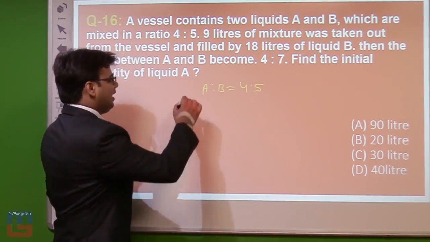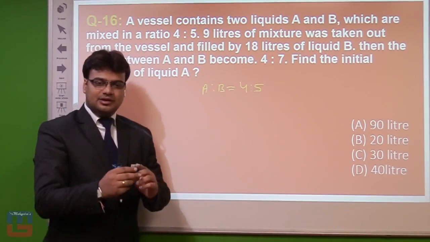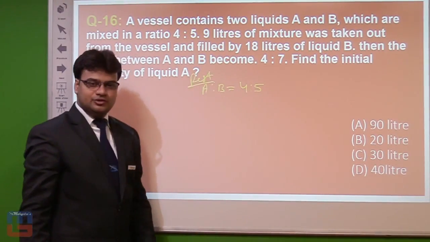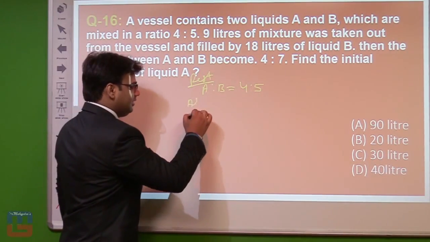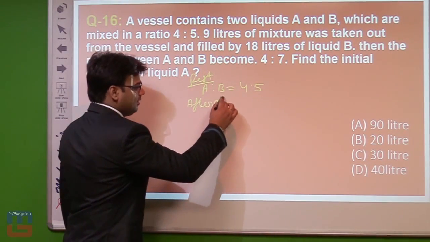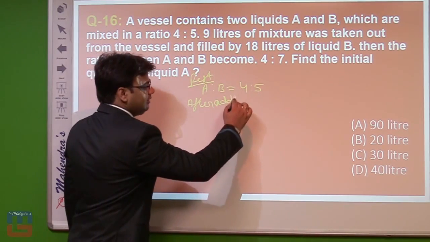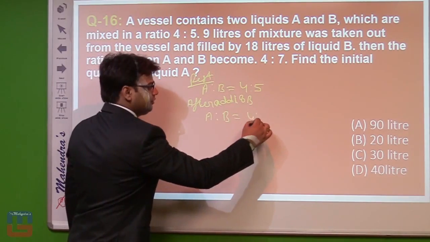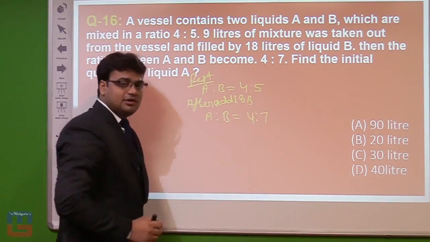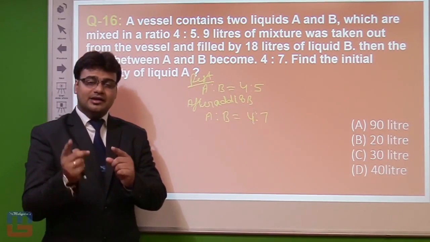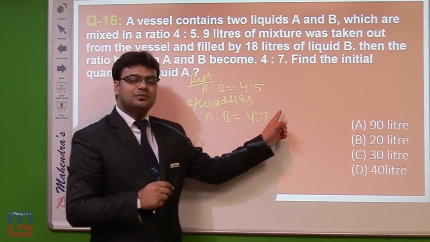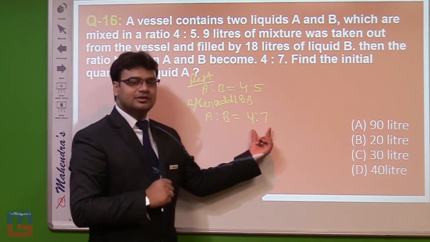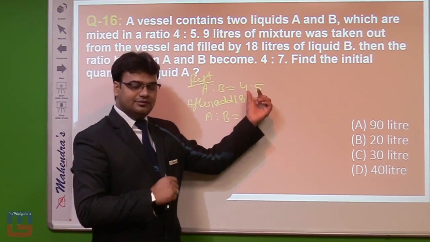That means after taking out the mixture, the rest of the mixture's ratio is 4:5, and after adding 18 liters of B, the ratio will become 4:7. In these cases, we check which liquid is added, here B. That means the ratio of B will change, and the ratio of A will remain the same. If not the same, then we equalize by multiplying by their reverse coefficients.